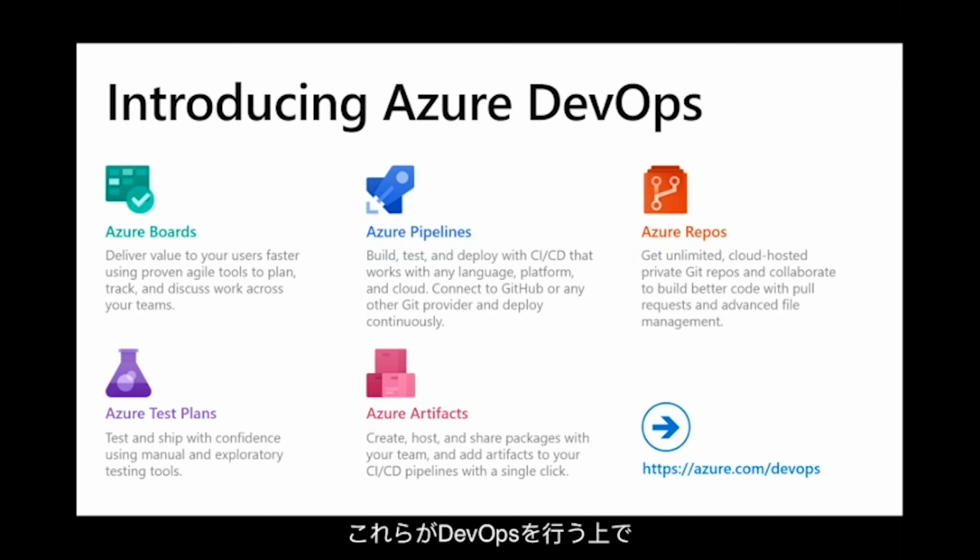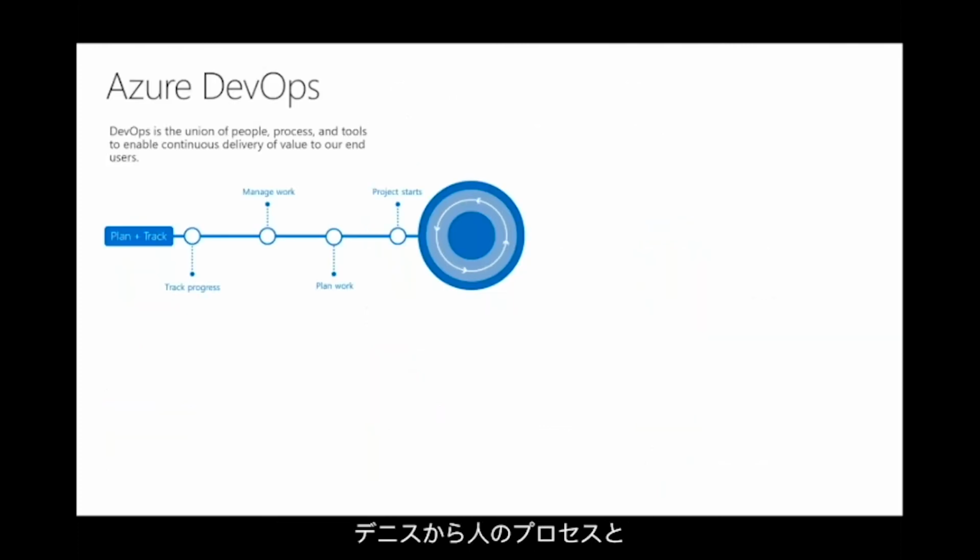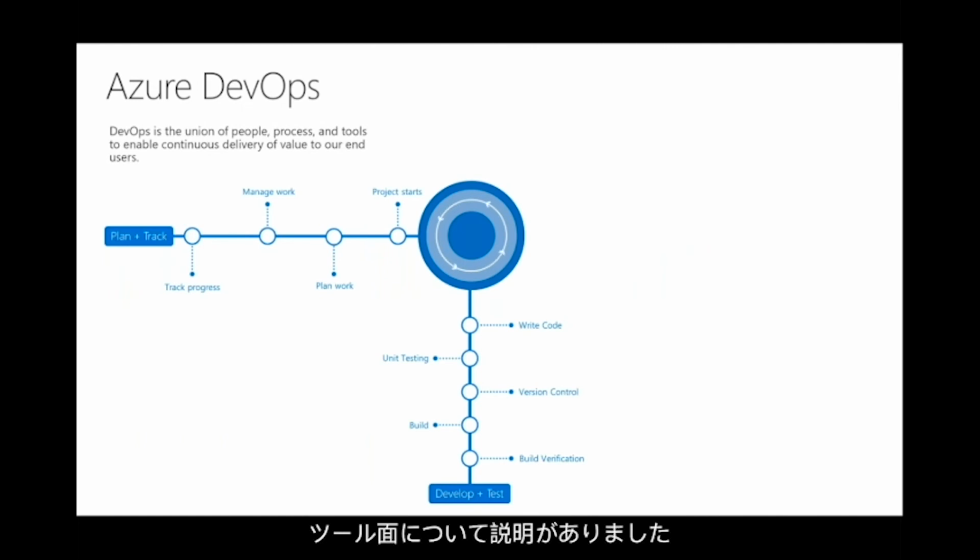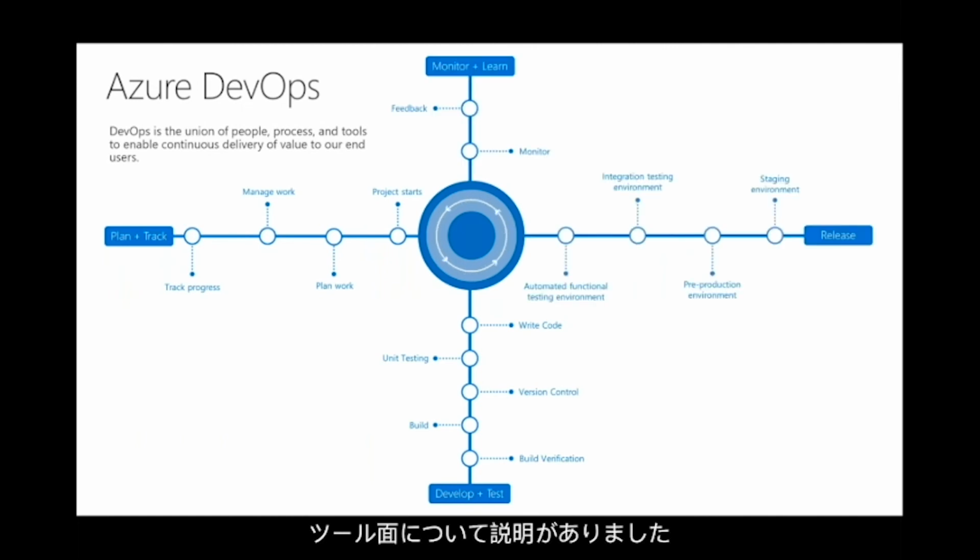So what I'm going to do is just quickly show you where this fits in from a DevOps perspective. Dennis has already walked you through a people, process, as well as a tools perspective. So from a typical DevOps cycle, you see that you're looking at planning, developing, release, and continuing to monitor and operate.